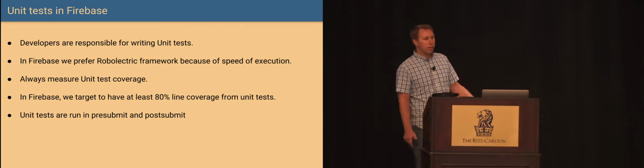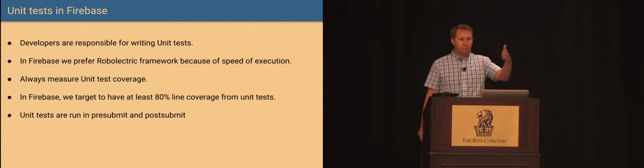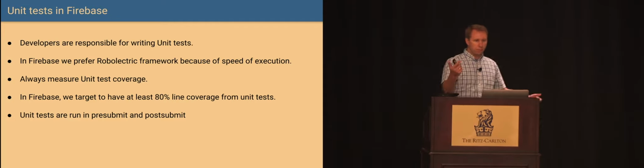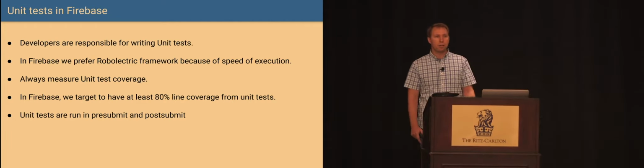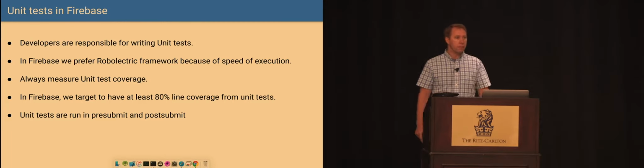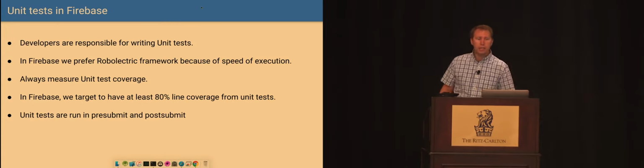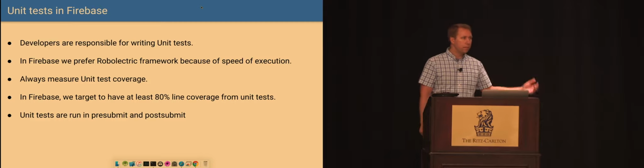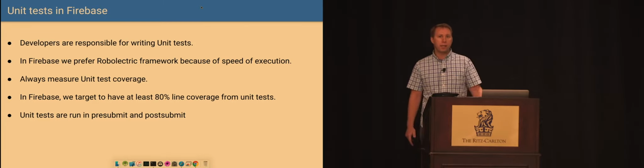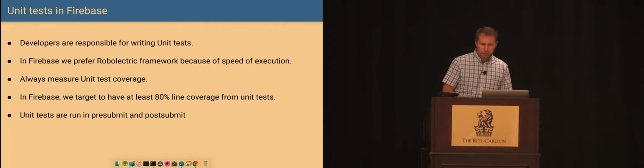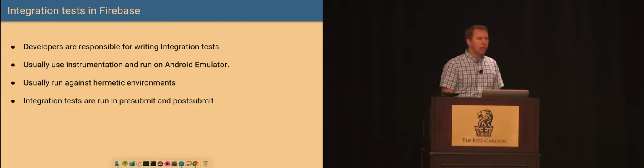And because they're fast, it's not very expensive to run them. We run them in pre-submit, so before any commit is committed, and then as part of continuous integration as well.